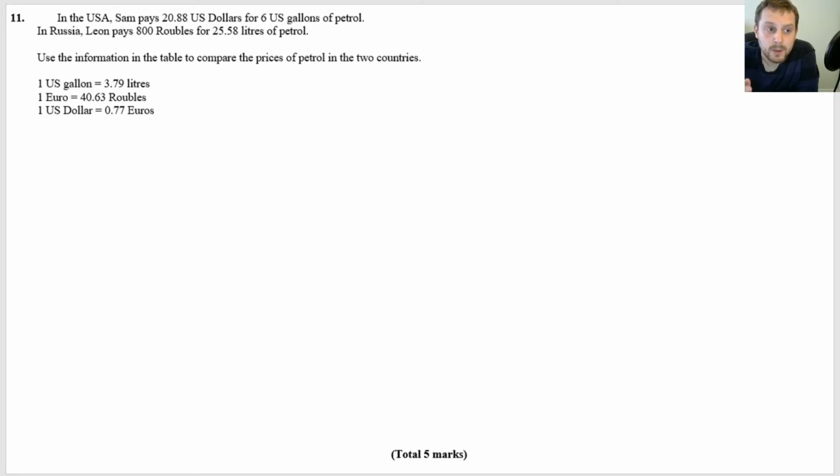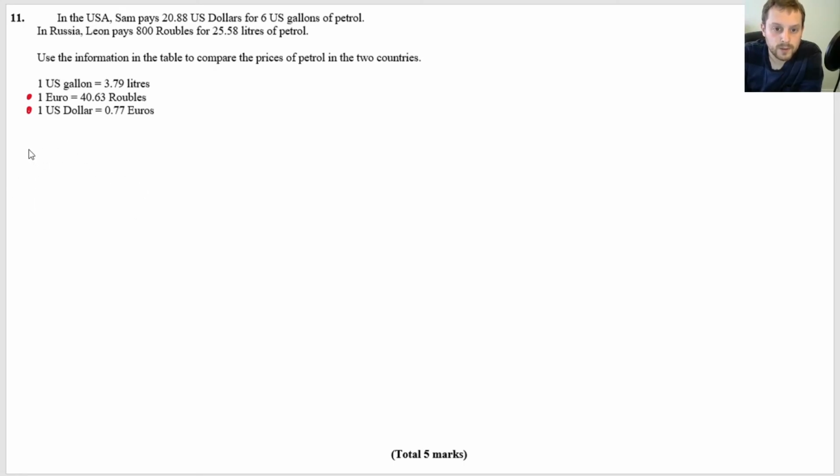Based on this table, it looks as though it's going to make the most amount of sense to choose euros to be the currency that we convert them both into. And that's just because we have information about both. Right? We have information about euros in both of these for rubles and dollars. We can choose whether or not we want US gallons or liters. I'm just going to choose liters because it's what we're most used to, right?